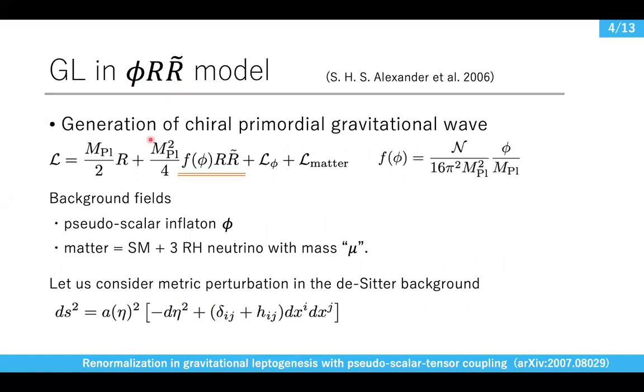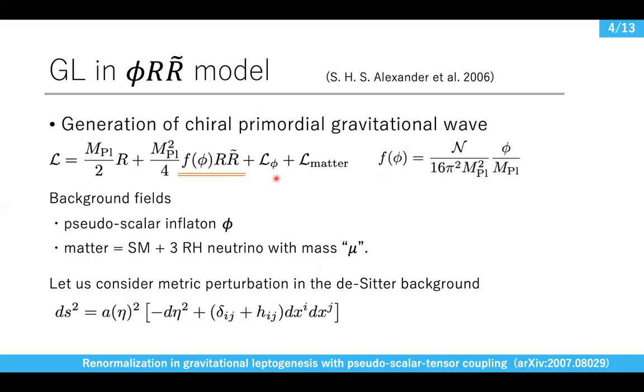So this is the Lagrangian of this model. In this work, we consider a specific form of F. This phi R R-dual coupling is realized by, for example, the Green-Schwarz mechanism.